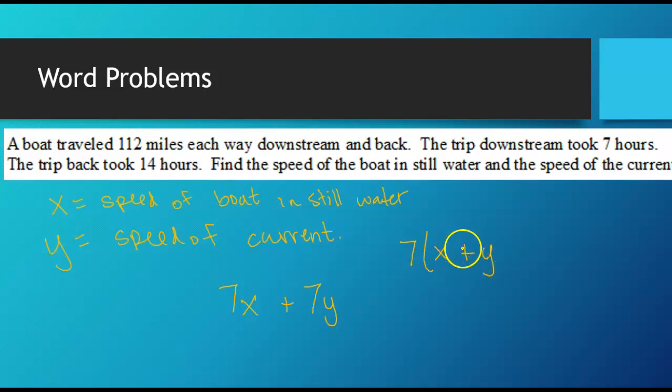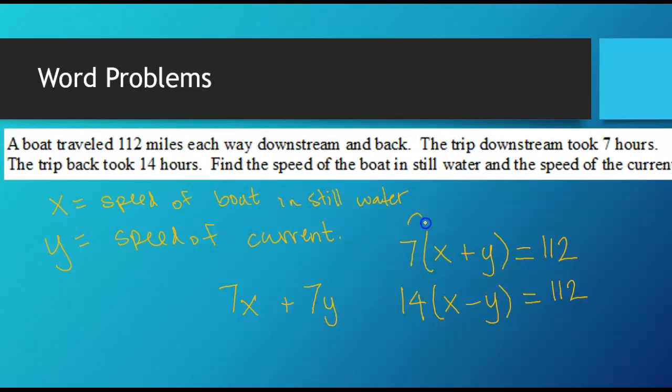Because if you have a current, you're going to have the speed of your boat plus the current times the number of hours it took to get there. That's going to give you the number of miles that you went. And then on the way back, it took 14 hours. The still boat was fighting against the current, right? So the speed of the boat minus the current equals the number of miles.